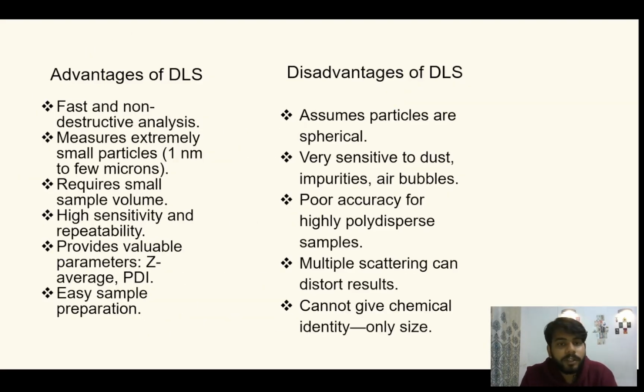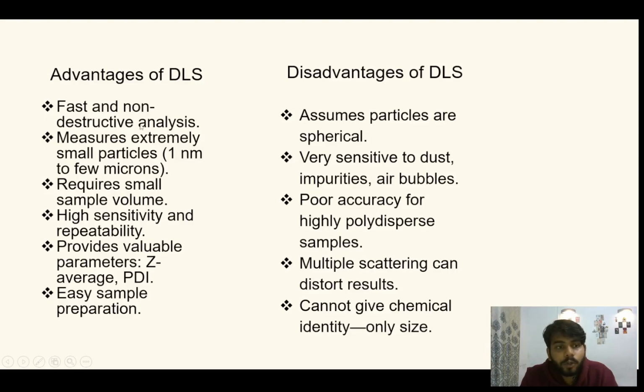Next, we have various advantages of DLS. It is very fast and it is non-destructive. Non-destructive means it will not harm our sample. There are various methods by which our sample gets harmed, but DLS is non-destructive, and it is very accurate.